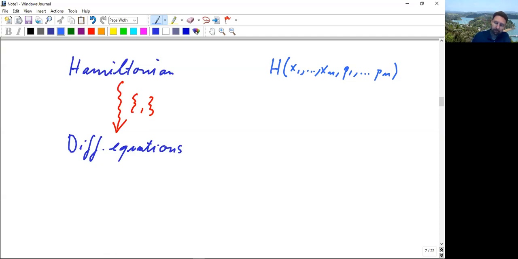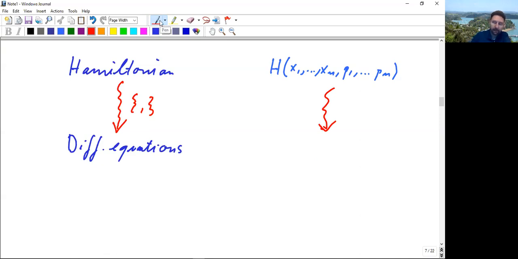And then the differential equations that we get: we get one differential equation for each variable. There's going to be a differential equation for x and a differential equation for p. One for x1, one for p1, one for x2, one for p2, etc. And how does it look?